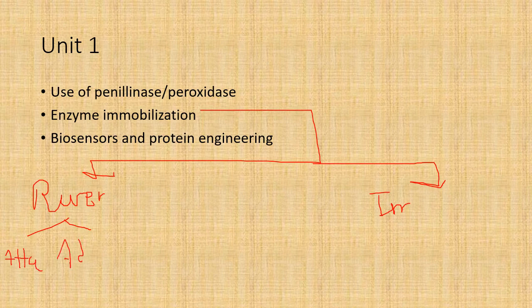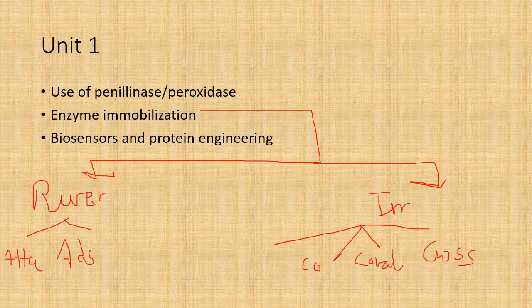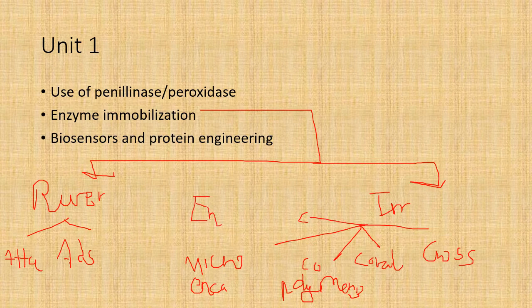In irreversible, we further have cross-linking, covalent bonding, copolymerization, microencapsulation, and entrapment. These are the few methods that you have to remember.